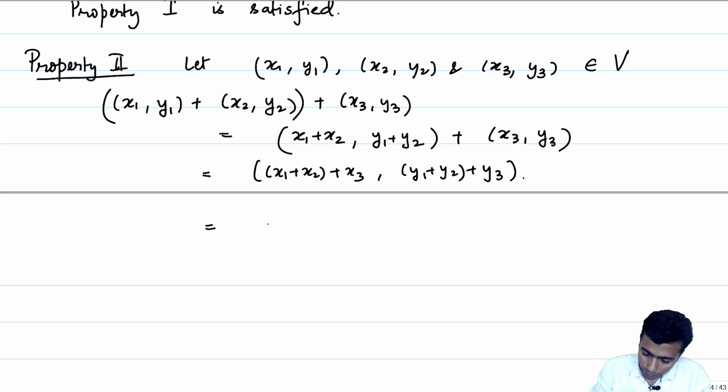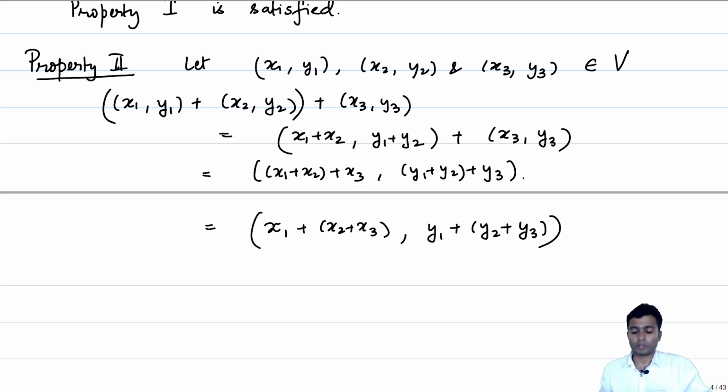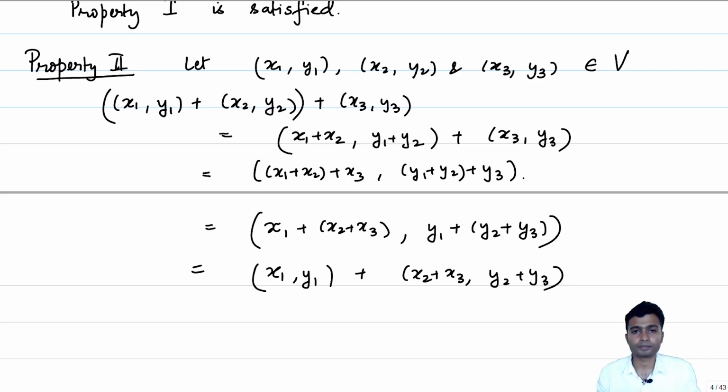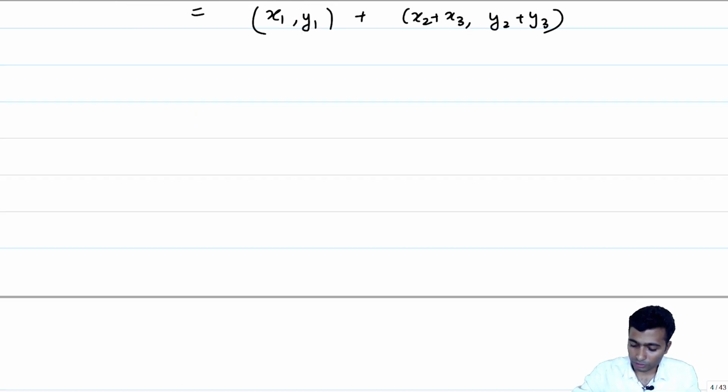So this is equal to x1 plus x2 plus x3. The order here doesn't matter, so we will make use of that to write it like this. But notice that this is nothing but x1, y1 plus x2 plus x3 comma y2 plus y3. And what is this?